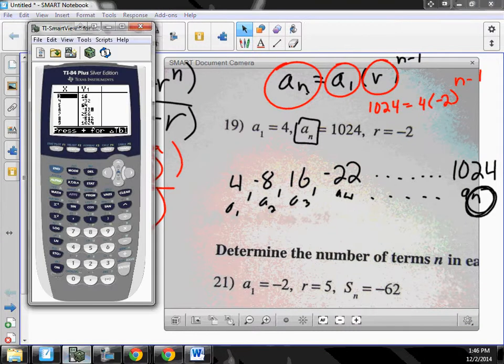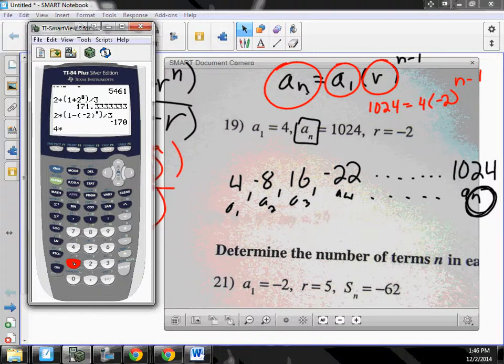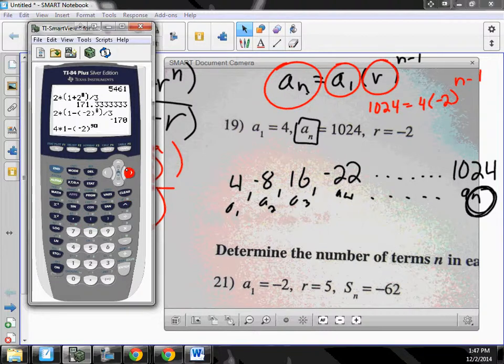So in my calculator, 4 times 1 minus 2, minus parenthesis negative 2 to the 9th. No, that's right. There we go. And then I'm going to divide that by 1 plus 2 is 3.